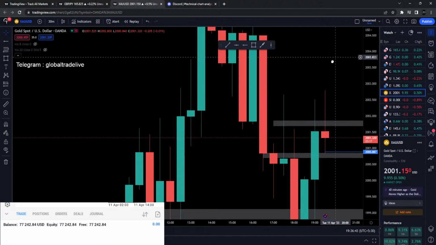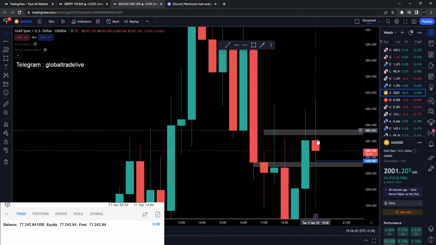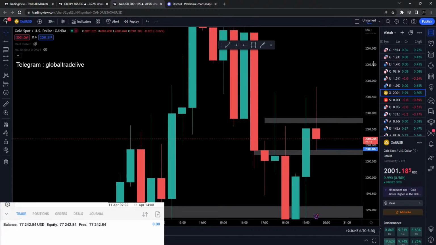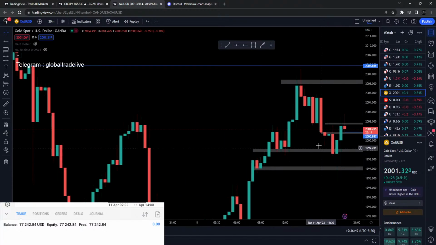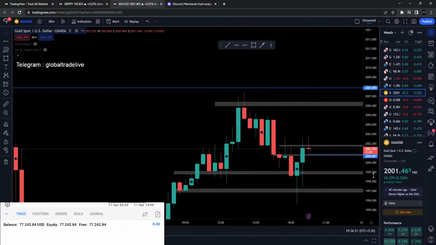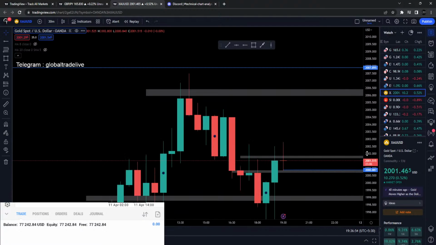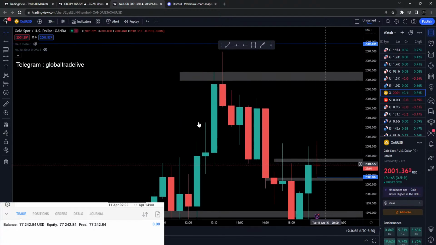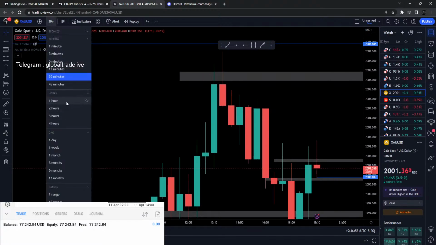So now what I'm gonna do is just wait for this candle to close, because we might get a support formation over here, that's why.